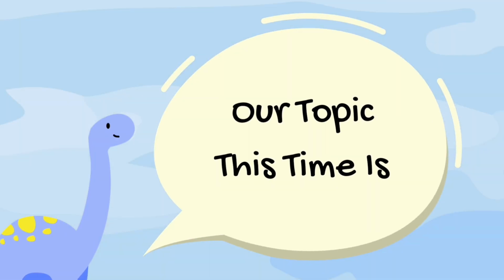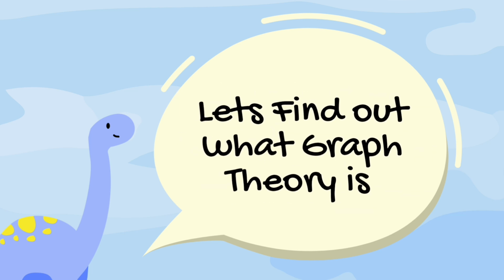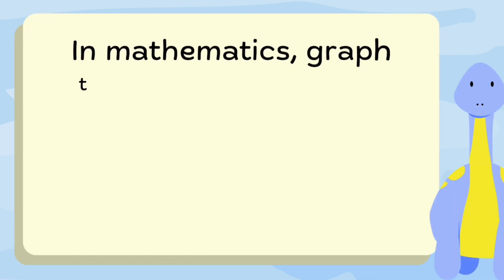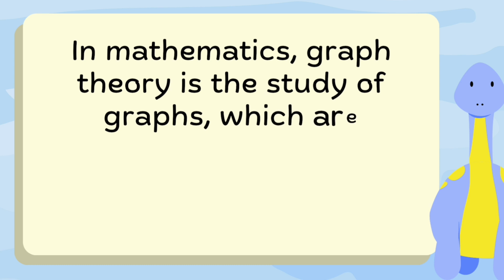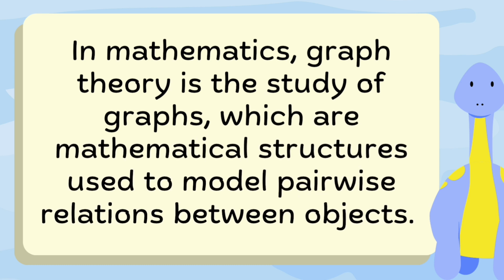Our topic this time is graph theory. Let's find out what graph theory is. In mathematics, graph theory is the study of graphs, which are mathematical structures used to model pairwise relations between objects.